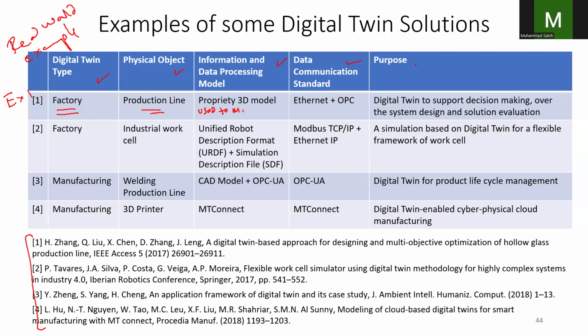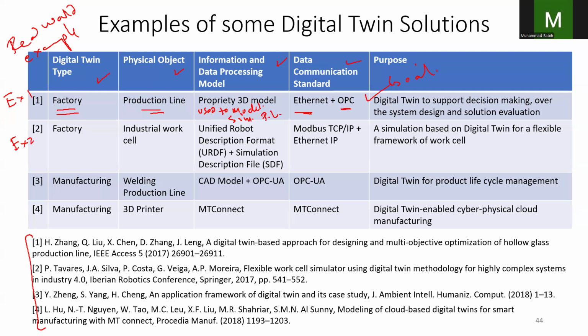The communication is via Ethernet and OPC, and the purpose or goal is to provide system level decision support, whether it's design changes or evaluating alternative solutions. So this is one example of a digital twin.